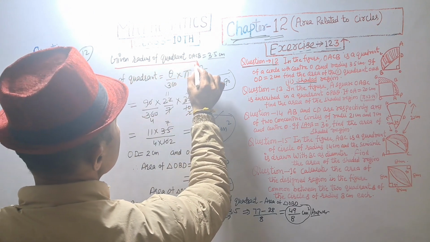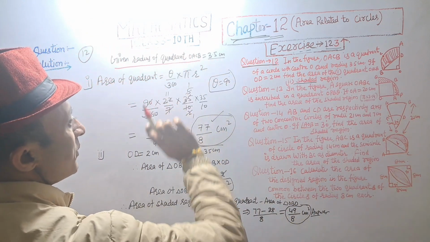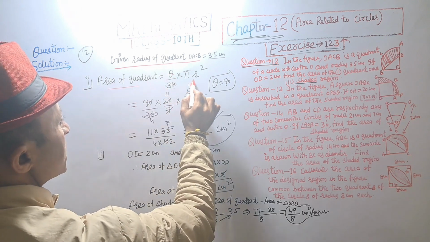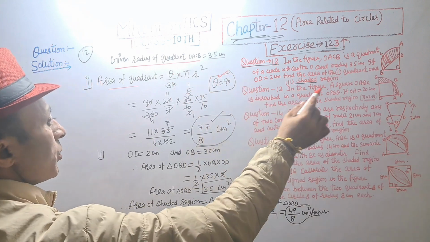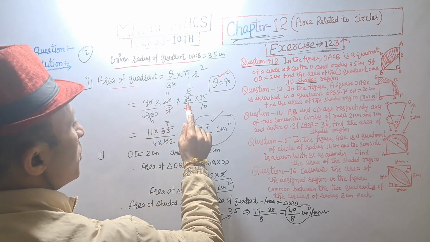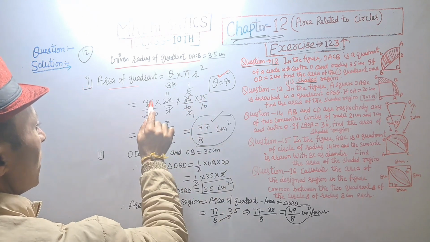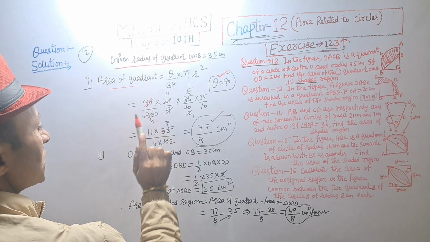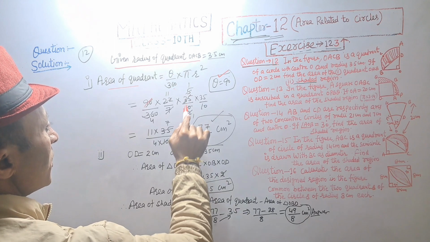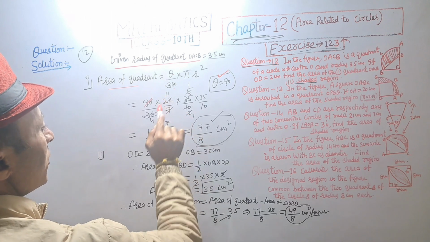Given radius of quadrant OACB, that is 3.5 centimeter, and area of quadrant is theta upon 360 into pi r square. Quadrant angle is 90 degree, so 90 upon 360 into 22 upon 7 into r, 3.5, that is 35 upon 10, 35 upon 10. 9 4s are 36 and 7 5s are 35, 5 1s are 5, 5 2s are 10, 2 1s are 2, 11 2s are 22.